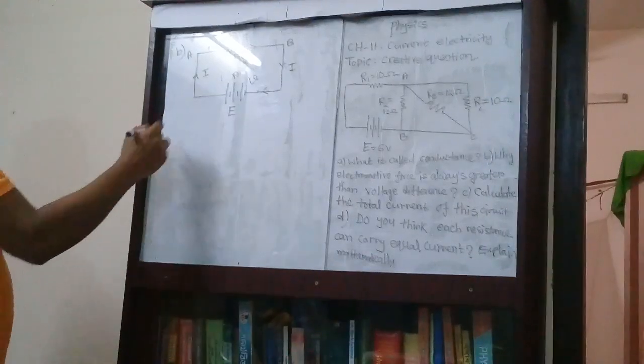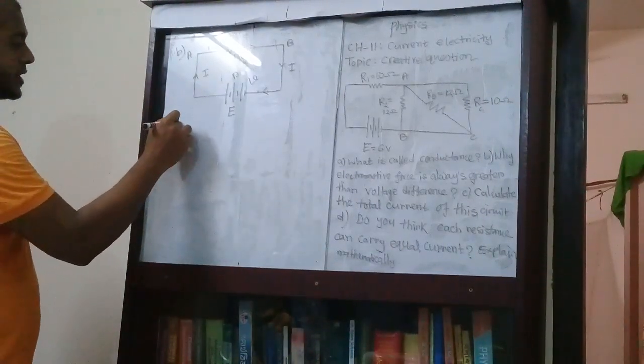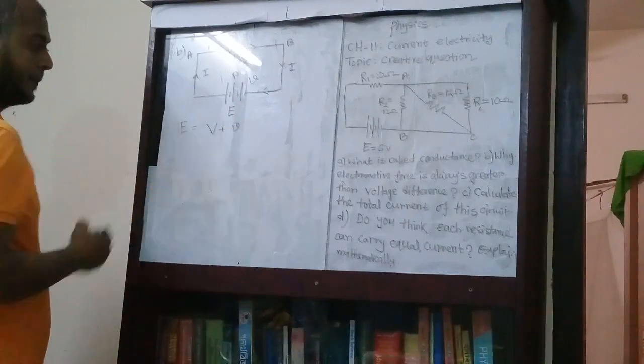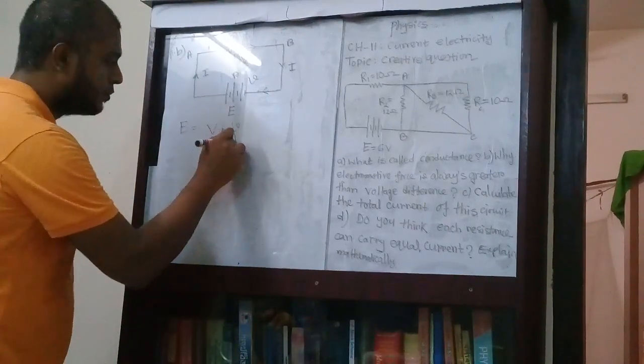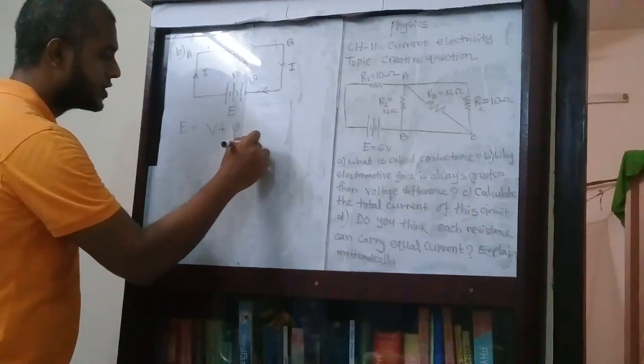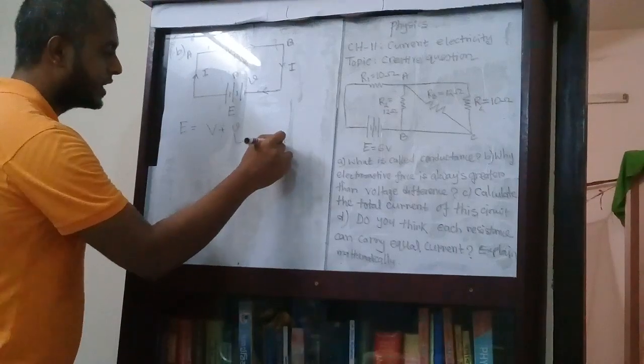So I can say here electromotive force E will equal V plus small v. In short, this small v is called lost potential.